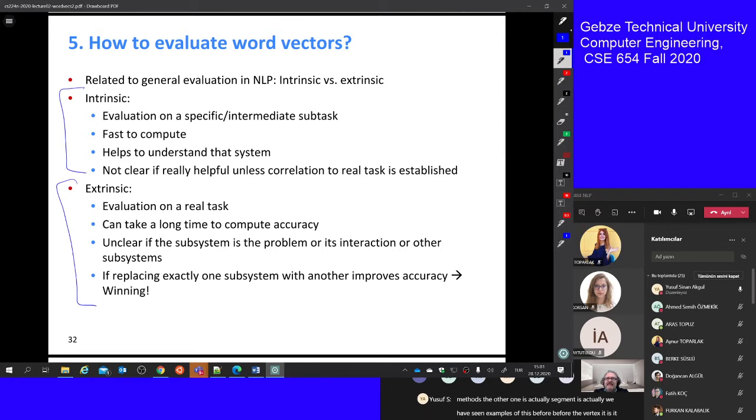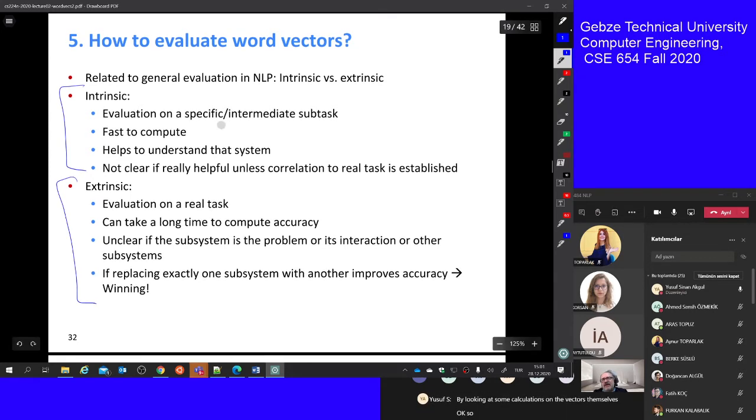Intrinsic means how good your vectors are by looking at some calculations on the vectors themselves. I will evaluate my word vectors on intermediate subtasks. These subtasks are not exactly end tasks like useful NLP stuff, and you'll see why we say that.